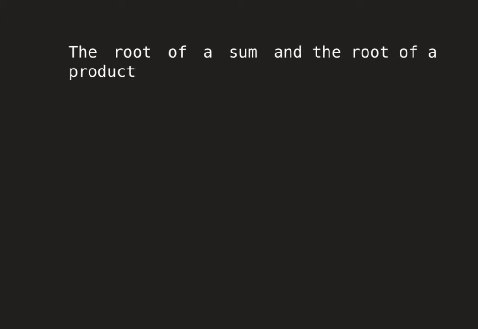let's just go ahead and write that down. The root of a sum and the root of a product are not the same.